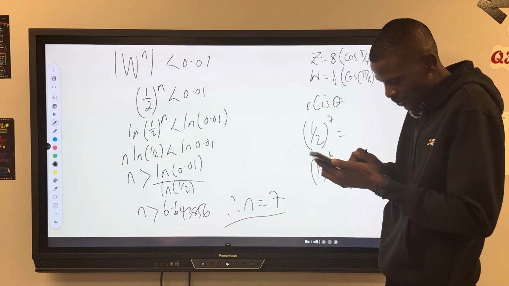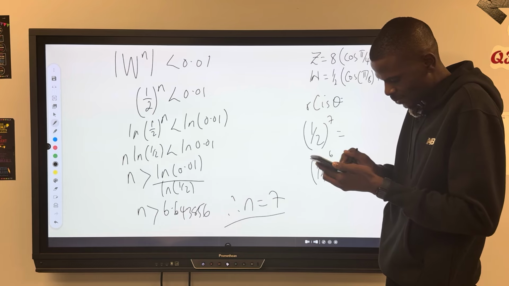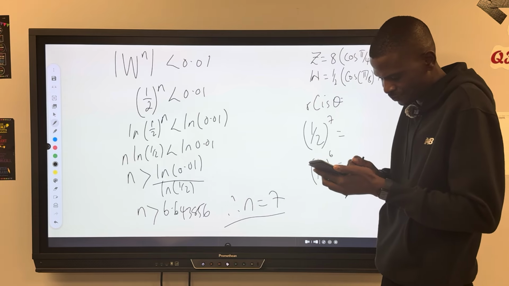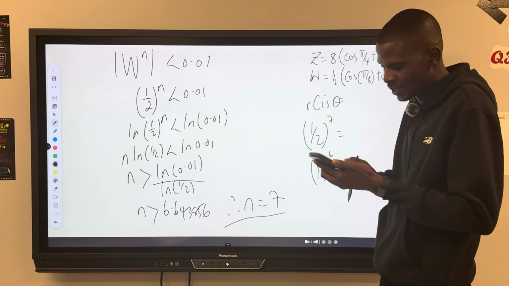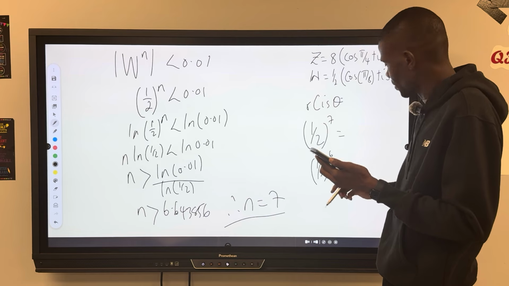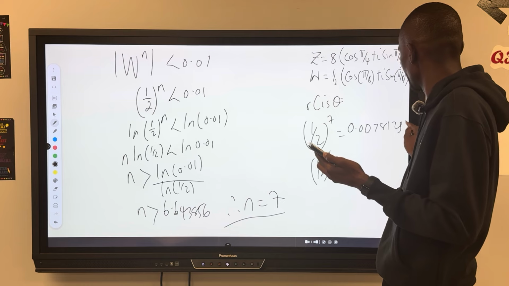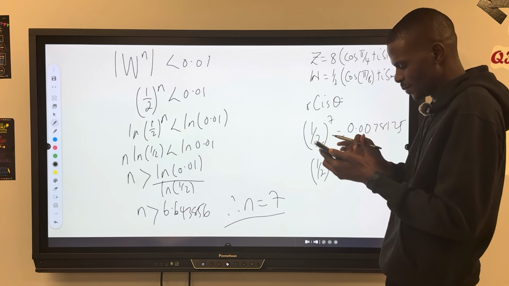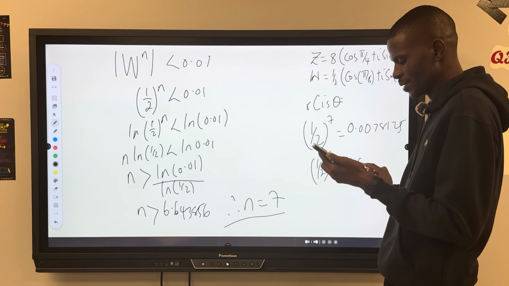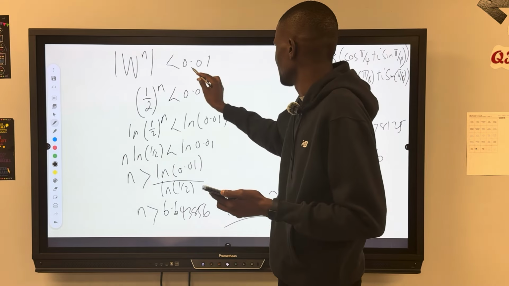When I say 0.5 to the 7th power, I'm getting 0.00782125. Then if I express that to the 6th power here, I'm getting 0.0156, right? We want it to be less than 0.01.